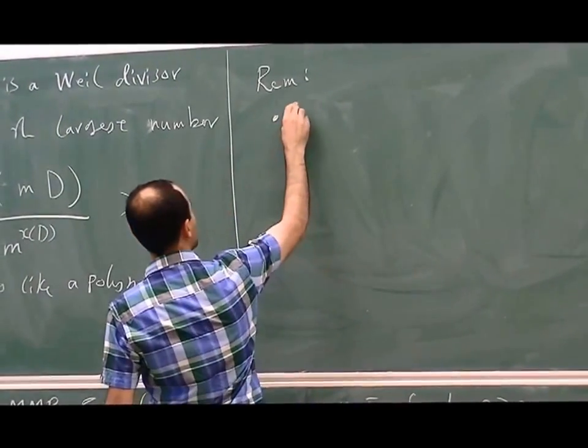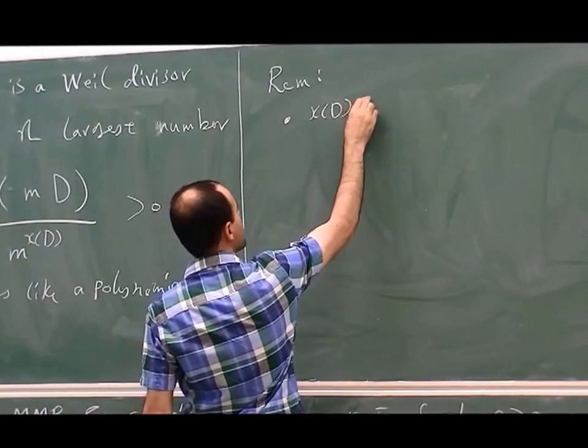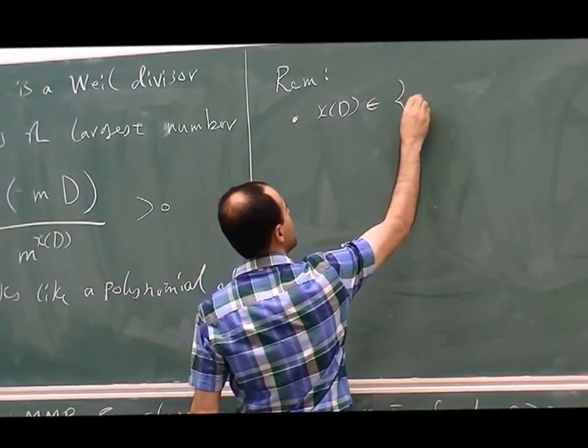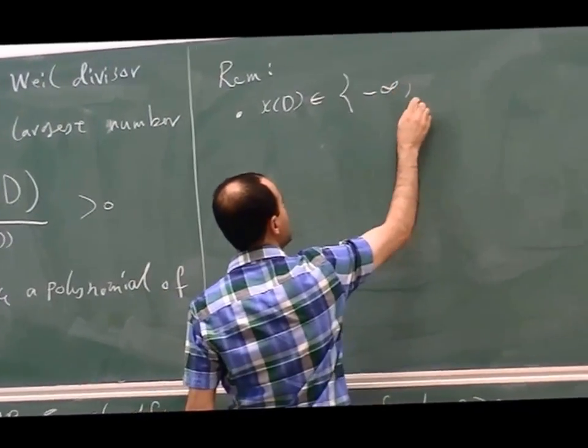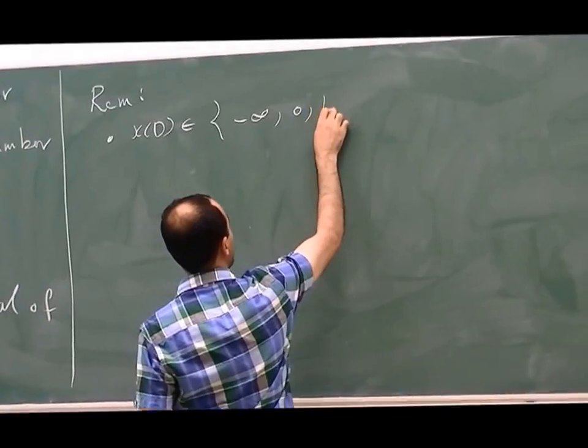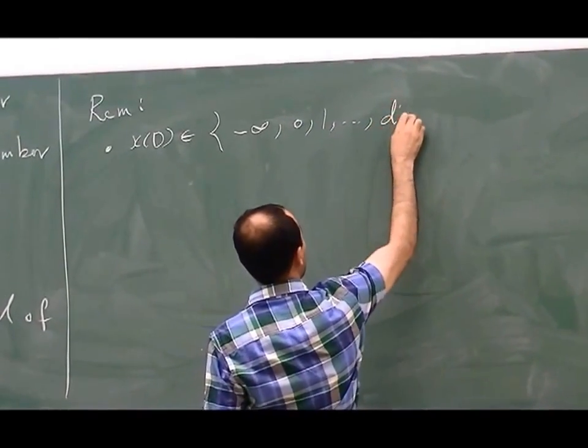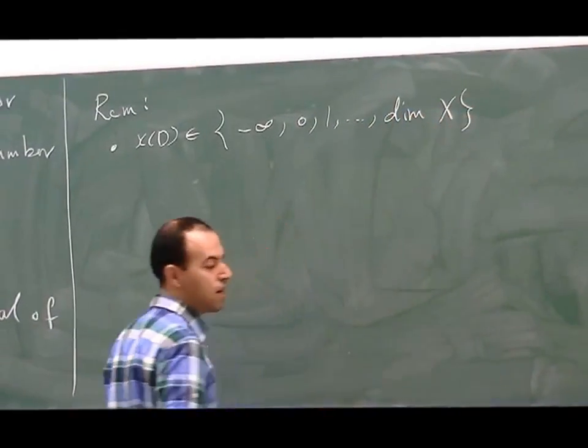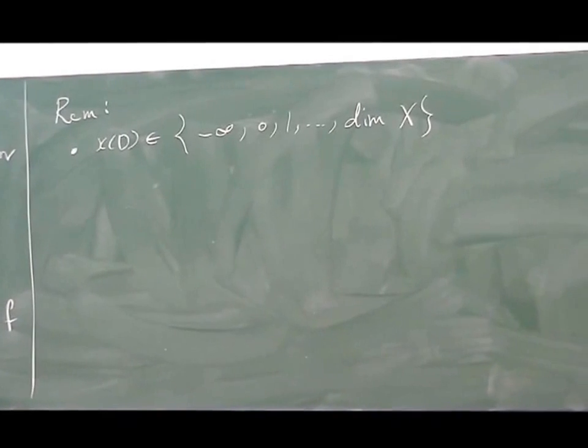First, this number belongs to a very small set. This could be minus infinity, could be 0, 1, and could be up to the dimension of X. It cannot be more than that.